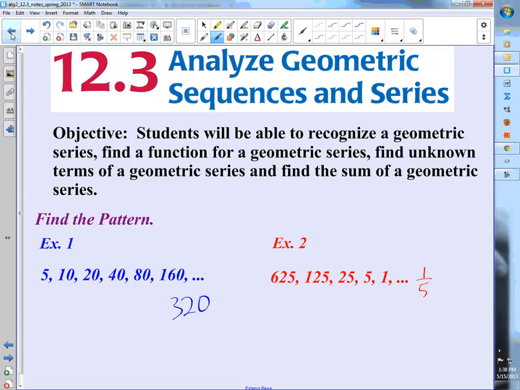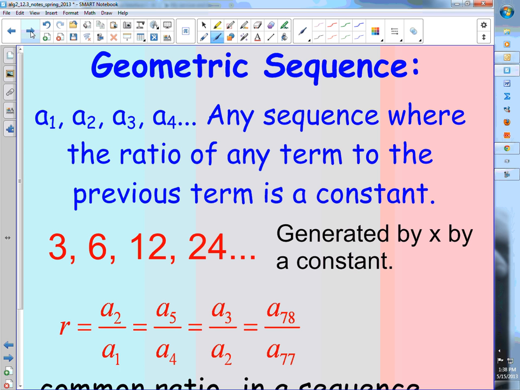So the next term would be 1 over 25, or 0.04, excuse me. Those of you who like decimals, good luck with that. Here's the thing. Don't use decimals. But I will, of course, accept decimal answers.